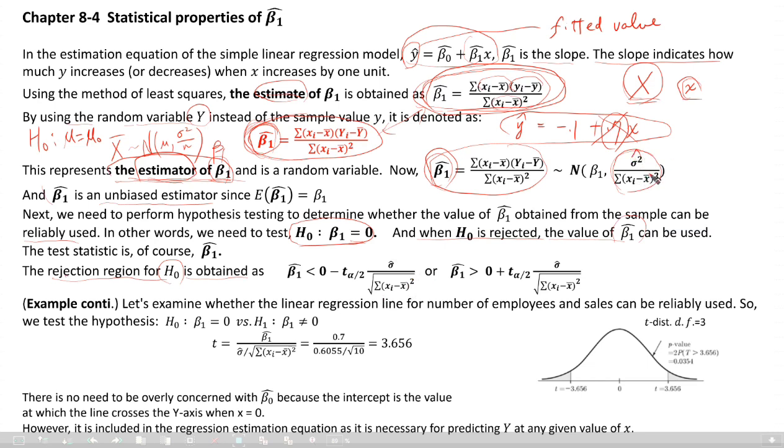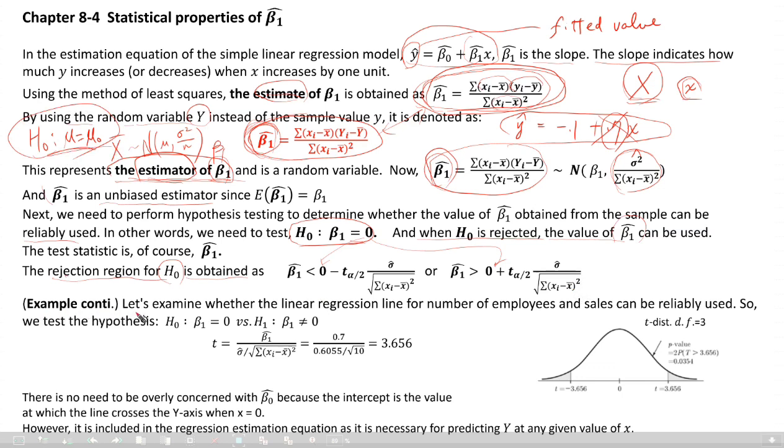Sigma square hat we studied last time. Or beta 1 hat greater than 0, plus t alpha over 2 times sigma hat over the square root of the summation of xi minus x bar squared. Just like we did testing hypotheses for a population mean, right?